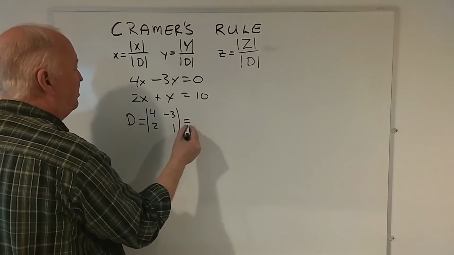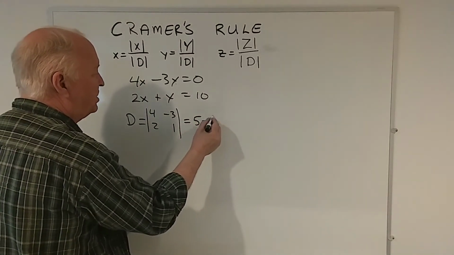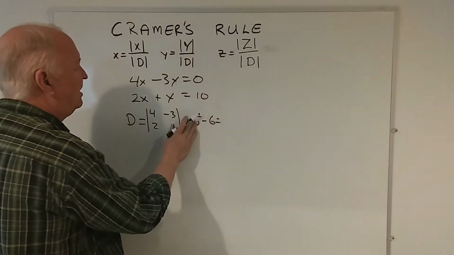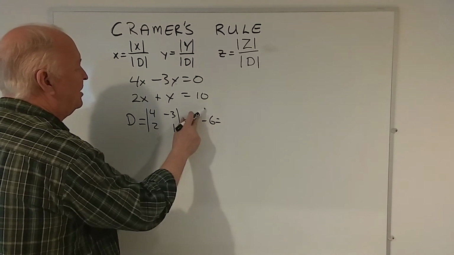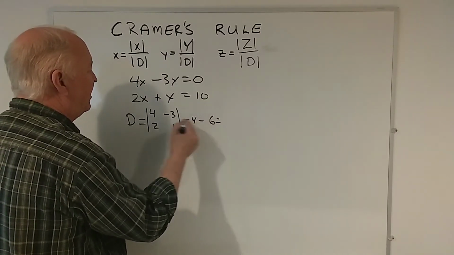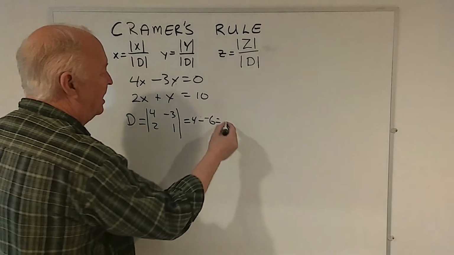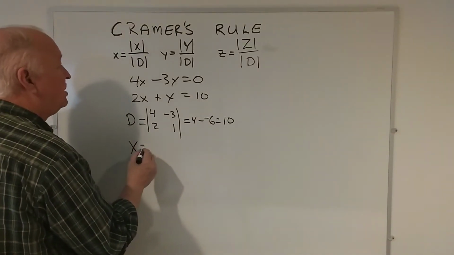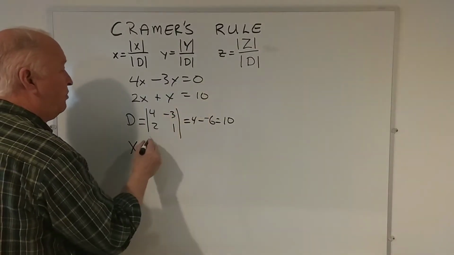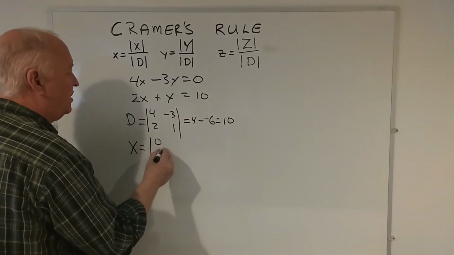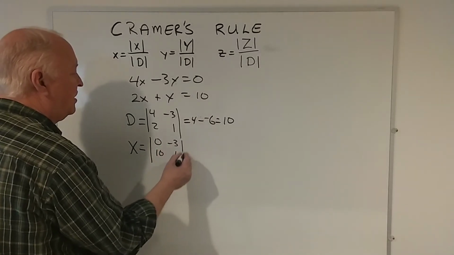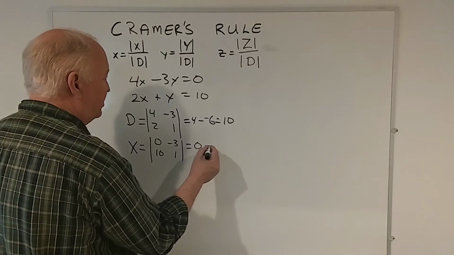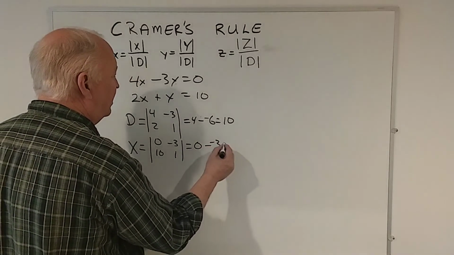And so that would be 4 minus -6, which is 10. Then we have the x matrix. Now we're going to replace the x column with 0, 10. And that gives us 0 minus -30, which is 30.